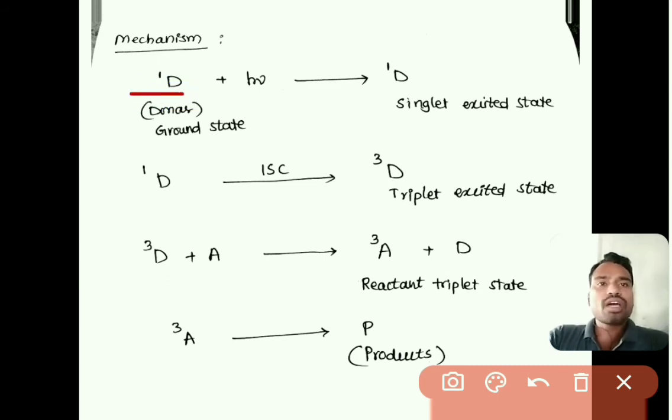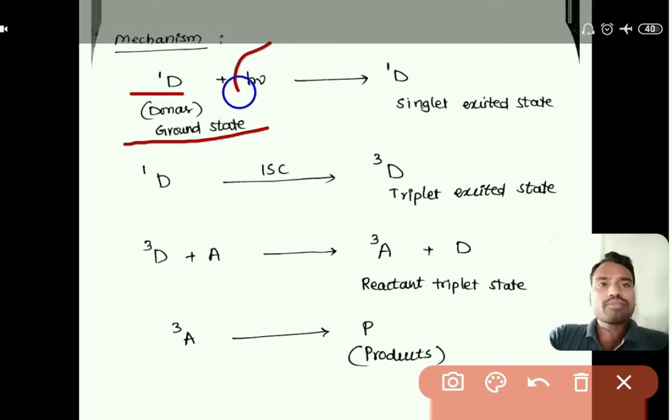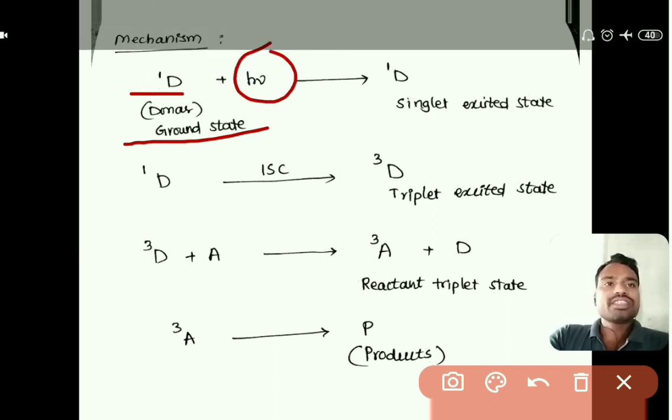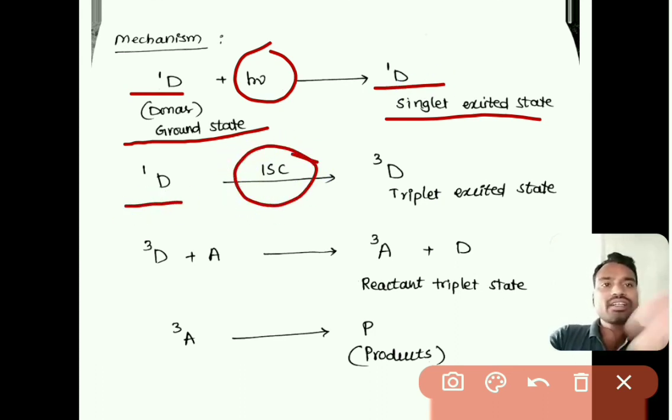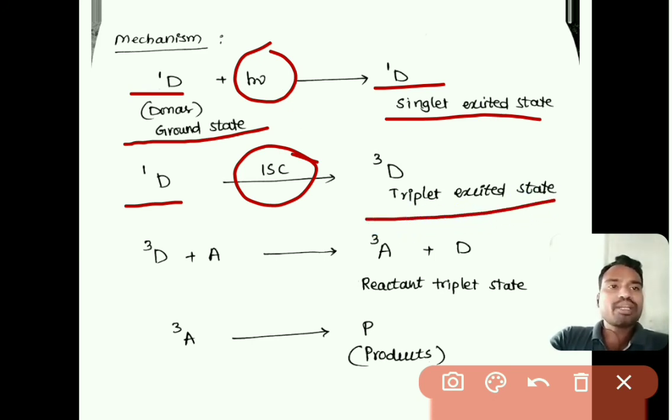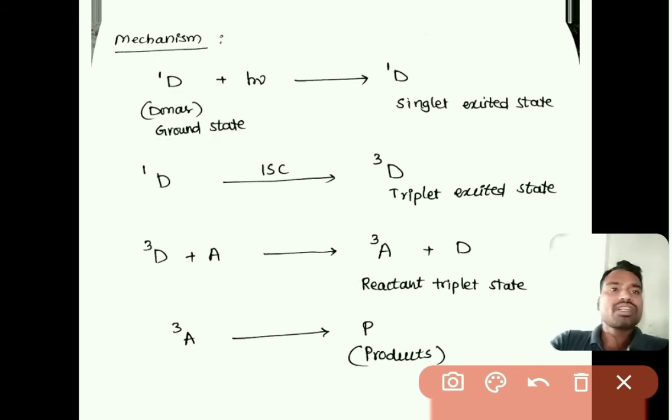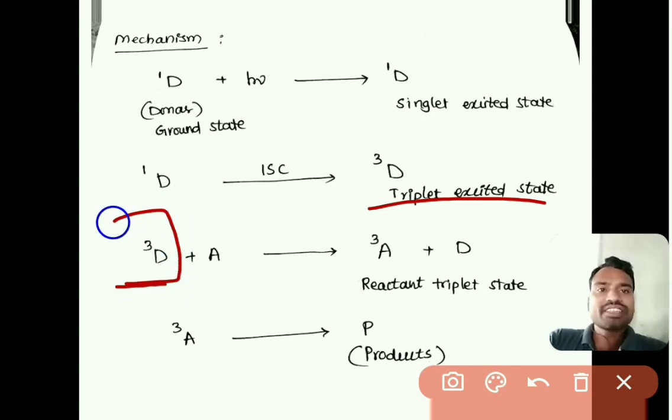Here, this is the donor, nothing but the photosensitizer. The donor in the ground state, that is the singlet state, absorbs the energy and goes to the singlet excited state, D1. Upon intersystem crossing, this D1 is converted to D3, the triplet excited state. This donor in the triplet excited state gives the energy to the reactant molecule.